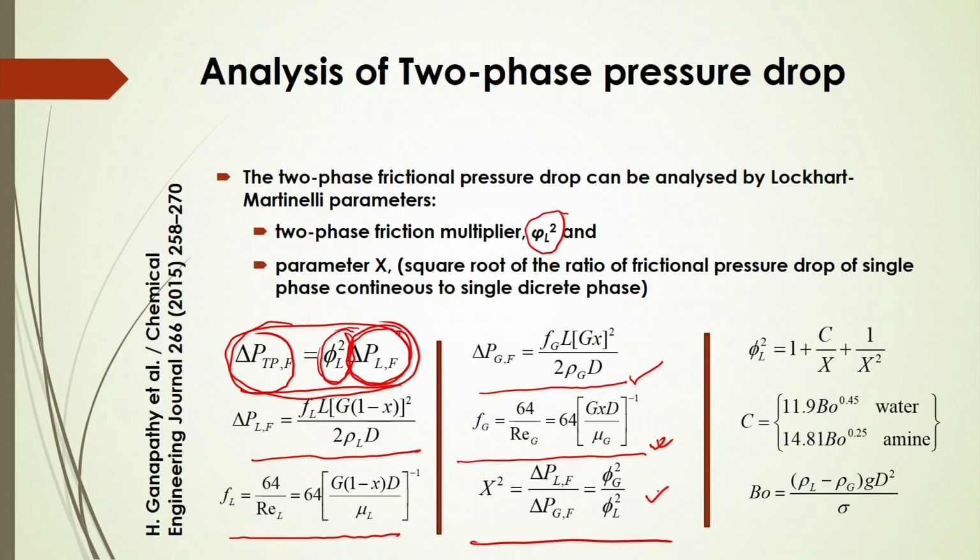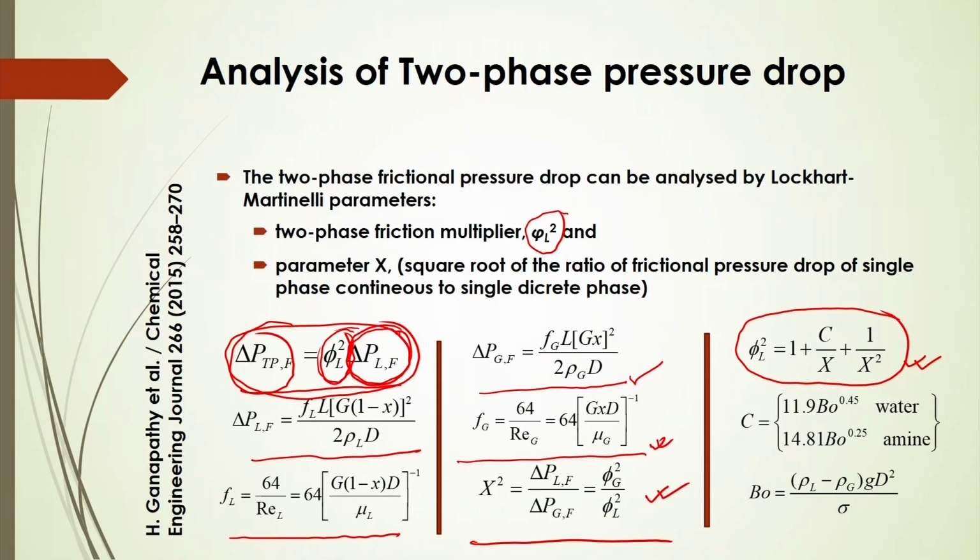After simplification, it will be phi g square by phi L square, whereas Chisholm has given that phi L should be related to the Lockhart-Martinelli parameter x, and it is expressed by this relationship: phi L square will be equal to 1 plus C by x plus 1 by x square, where C is called the Chisholm constant, and this Chisholm constant actually depends on the physical properties of the fluid as well as the geometry of the channel.